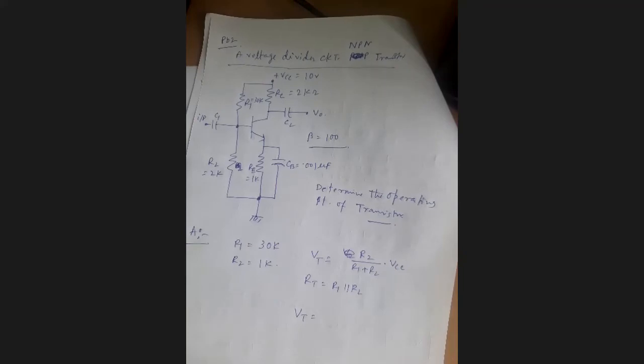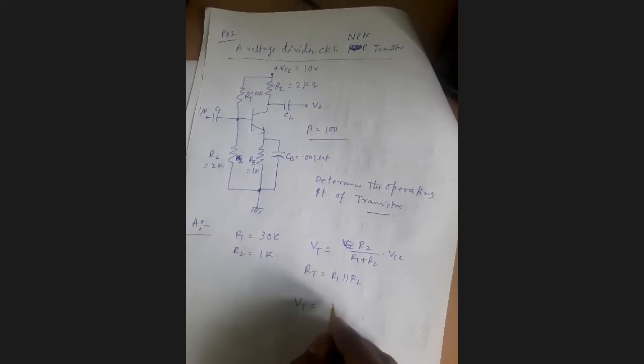So what is the value of VT? What is the value of VT? 6.6 volt.